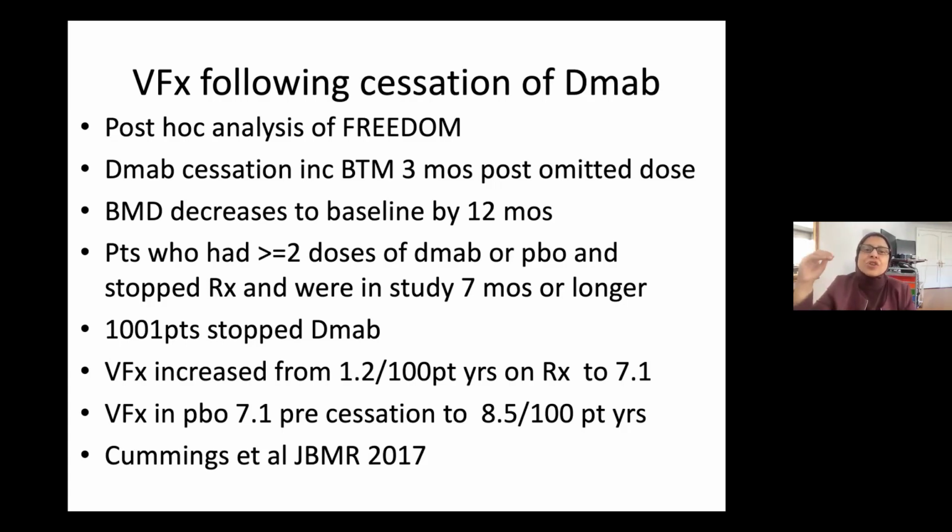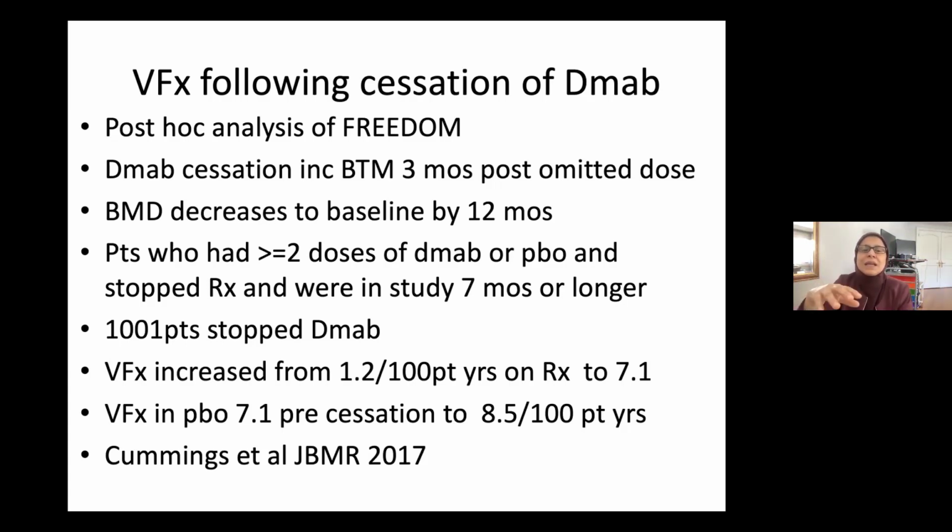And after stopping denosumab, we see a rise in bone remodeling. So if a patient misses their dose of denosumab, within 4 to 6 weeks after, there is a rise in bone remodeling, and they could experience a fracture. And by 12 months after missing denosumab, the bone density will actually go down to baseline.